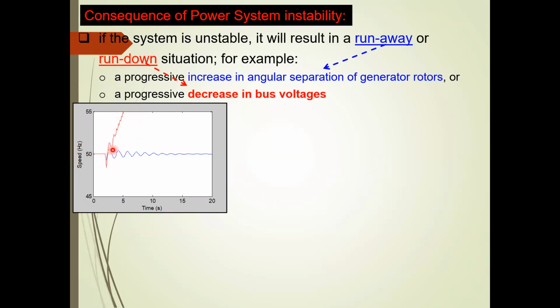Let's say you will have an increase in the frequency. You have the generator feeding power to the load. When will you observe an increase in the frequency? When the supply is much more than the demand. Yeah.